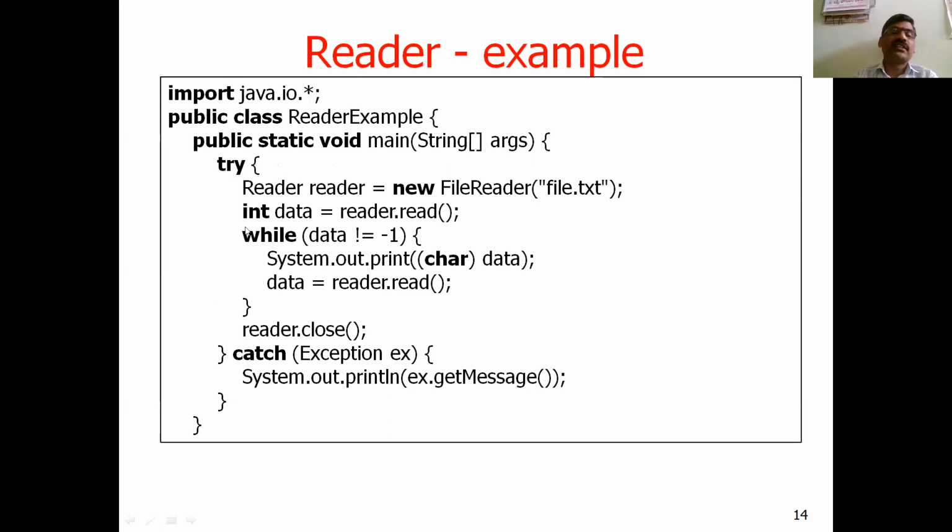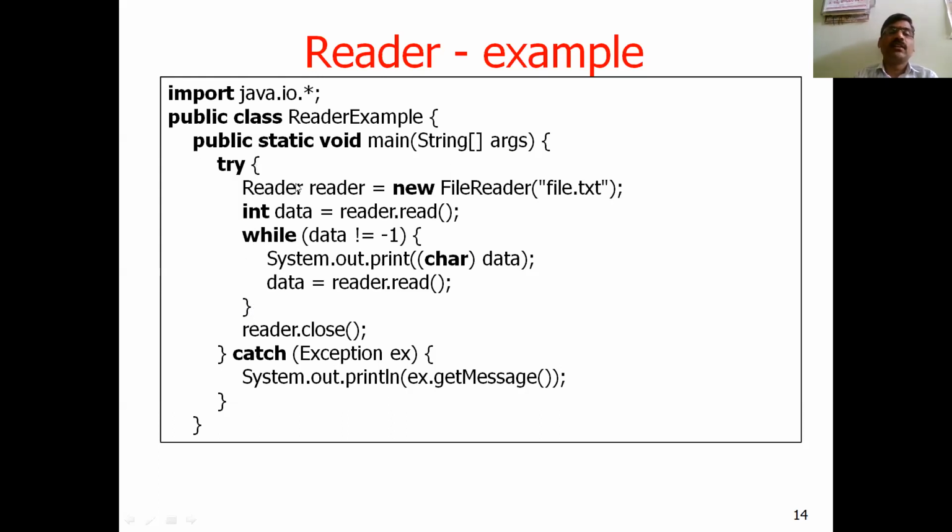Instead of this try-catch block, you can handle the exception at the method level, that is at the main method level, by making use of the throws keyword: throws FileNotFoundException, IOException, and so on. Otherwise you can make use of a try-catch block. Here in this example I am demonstrating with a try-catch block.